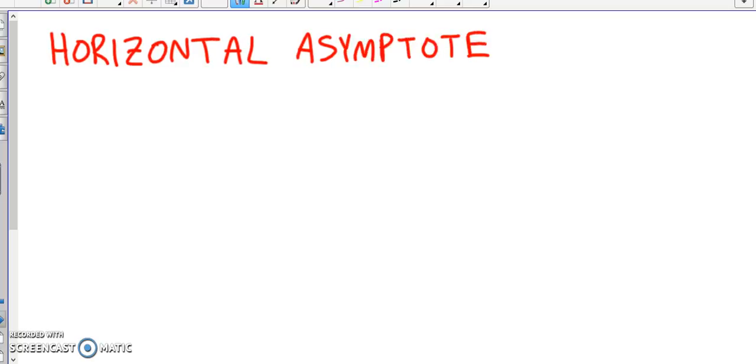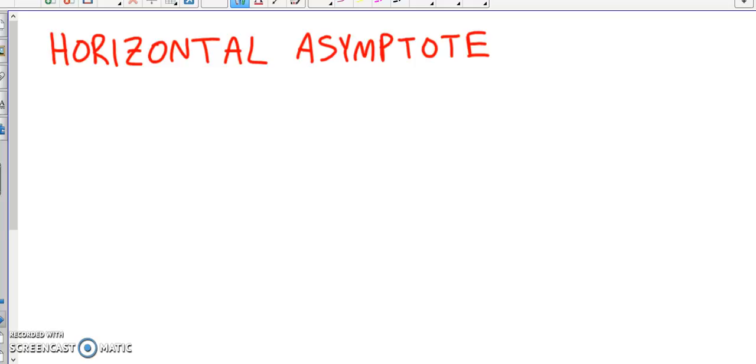Technically, toward the middle of the graph, you can cross the horizontal asymptote, but when you get far enough away from the y-axis, then you just approach it. Okay? So at the ends, it doesn't cross it, it just approaches it.